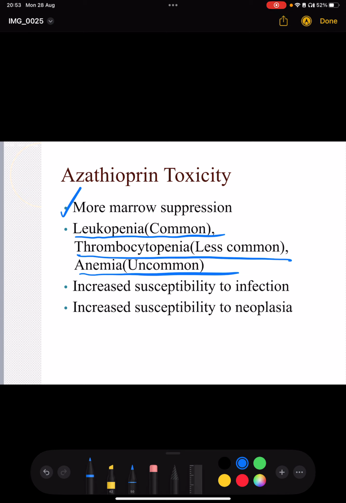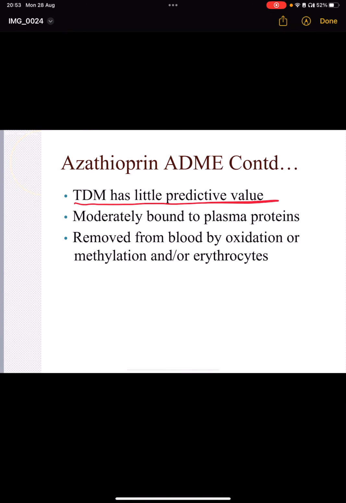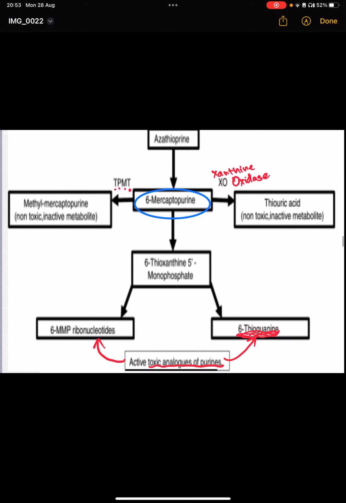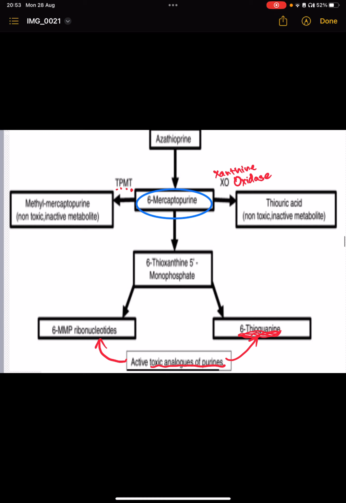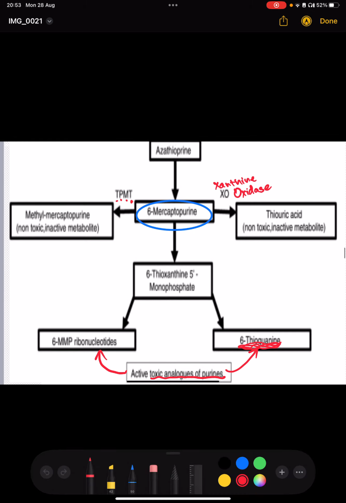It increases susceptibility to infection since your immune response is lowered, and also has an increased susceptibility to neoplasia. Now, you might think, why does it have an increased susceptibility to neoplasia? It's stopping cell proliferation. But it does, because you're hurting the process of DNA replication and transcription.